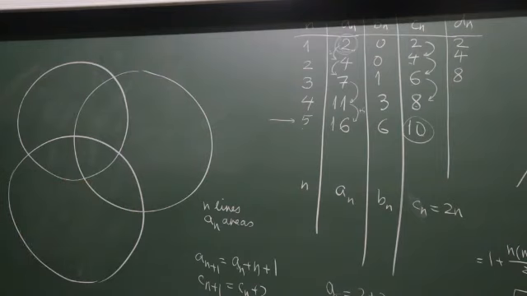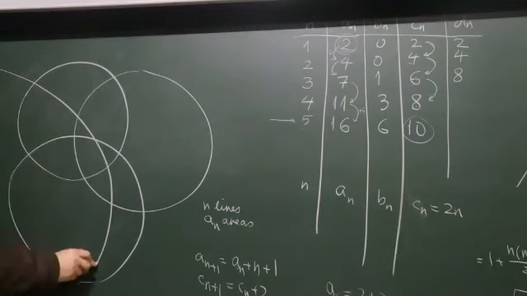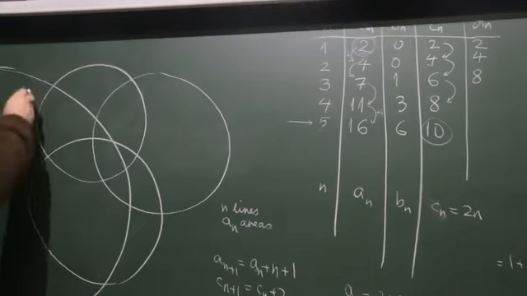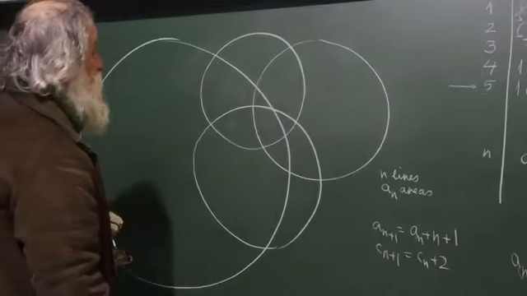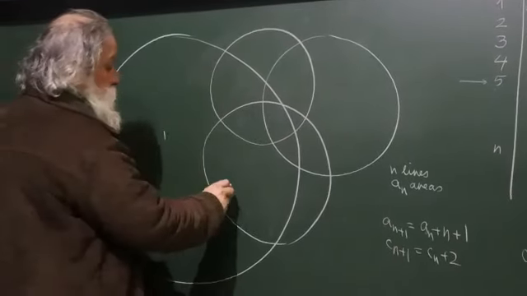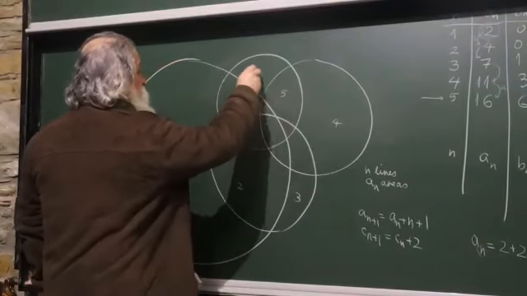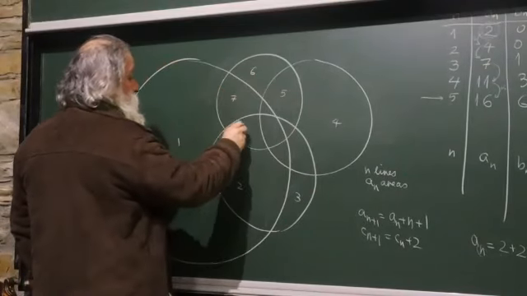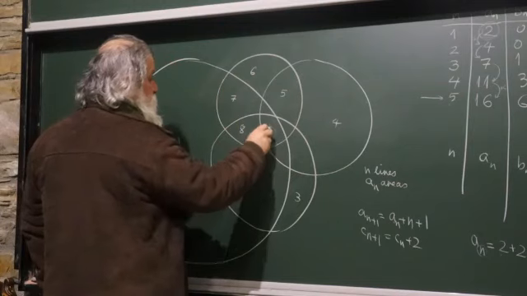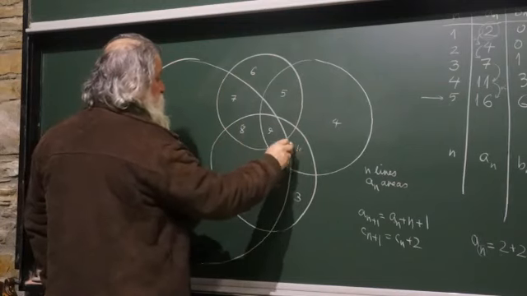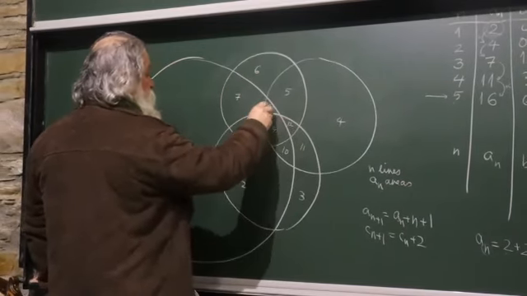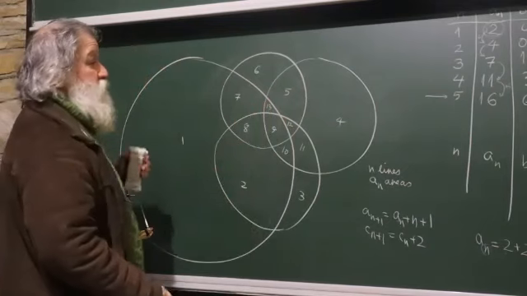The maximum number of areas, of course. Let us see. Okay, 1, 2, 3, 4, 5, 6, 7, 8, 9, 10, 11, 12, 13, and one outside 14.